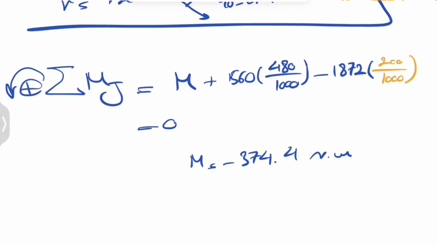And we can find our M here: M equals minus 1560 times 480 divided by 1,000 minus 1872 times 0.2.